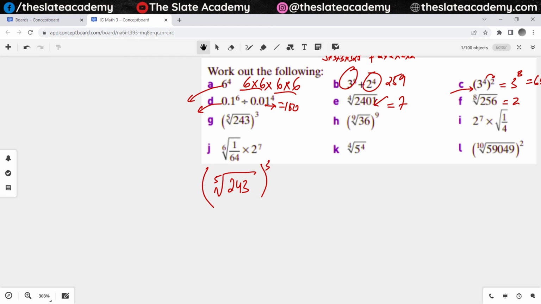So you can do it directly on your calculator as well. You start bracket. Within bracket you write shift box 5, 243 outside root, bracket close and x box 3. So it gives you the answer in just one step.